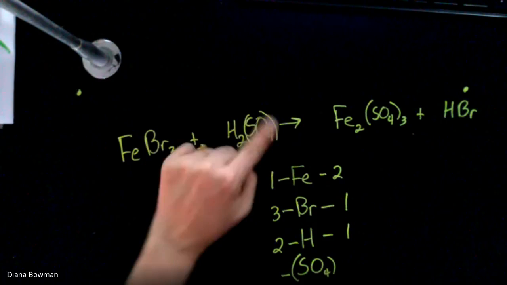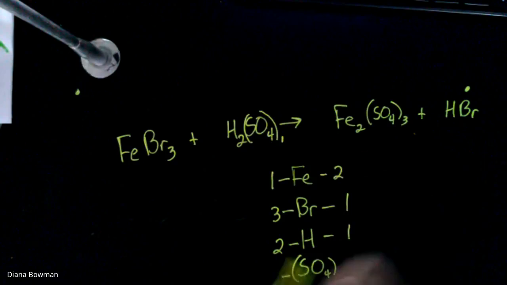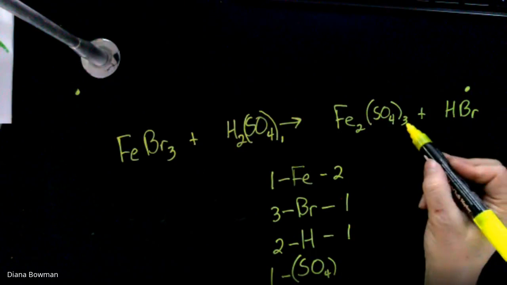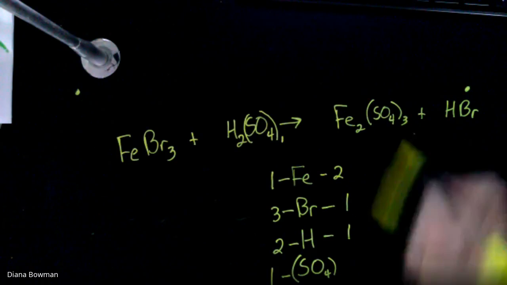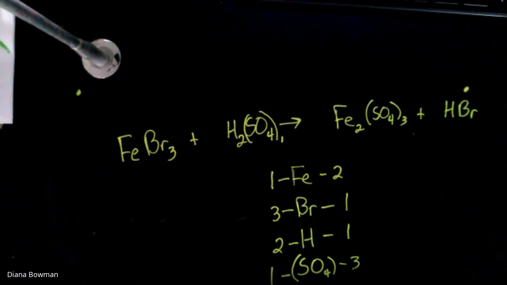You see this whole thing? There's a subscript of 1 on the outside of it, right? So I have 1 over here. And how many do I have over here? I have a 3. Okay, so we have 3 on that side. So we're going to have to balance all these things out. And we're going to wait on the hydrogens. We'll balance them last, but let's do some of these others.